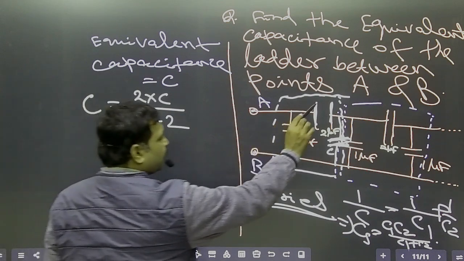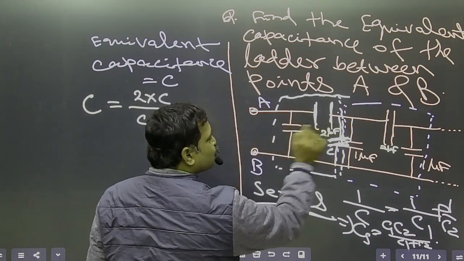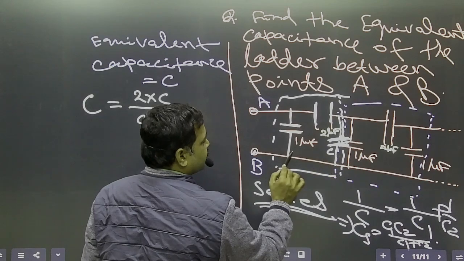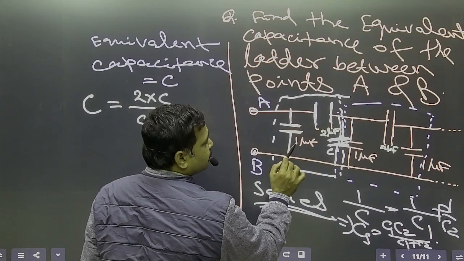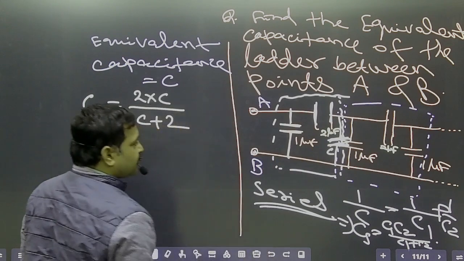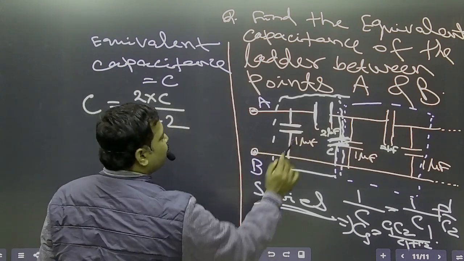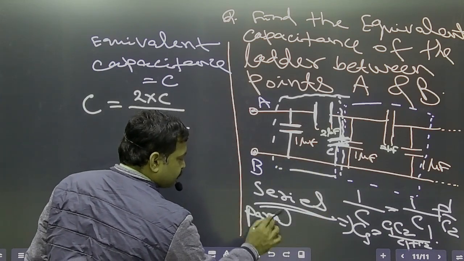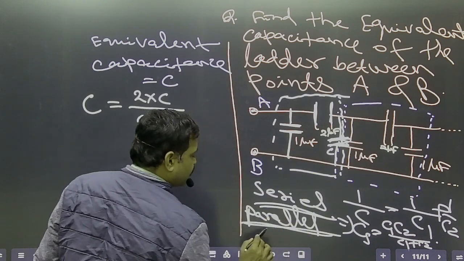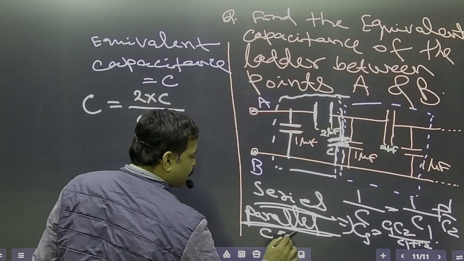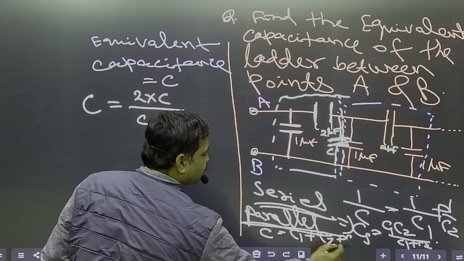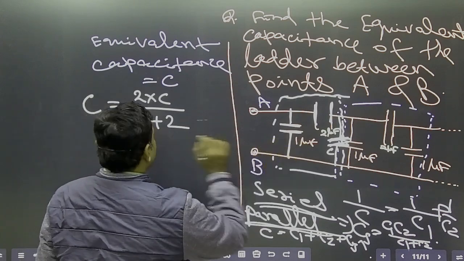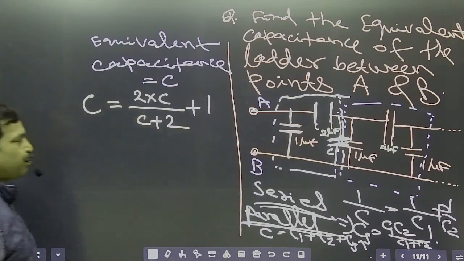Now the equivalent of these two capacitors is also connected in parallel with this capacitor of 1. In a parallel combination, the equivalent capacitance is added, that is, C equals C1 plus C2 plus C3, whatever capacitors are connected. In this case, this is 1, so I can write plus 1.